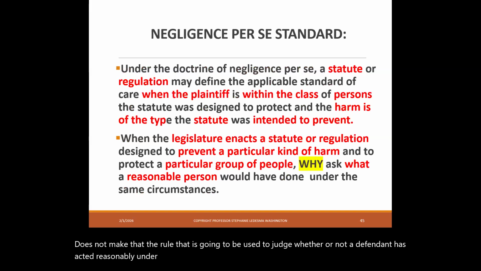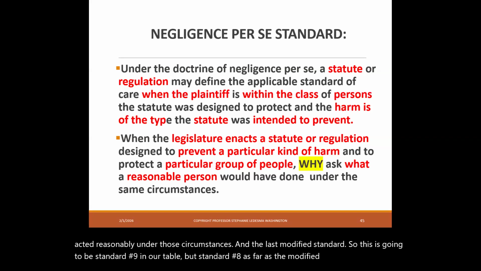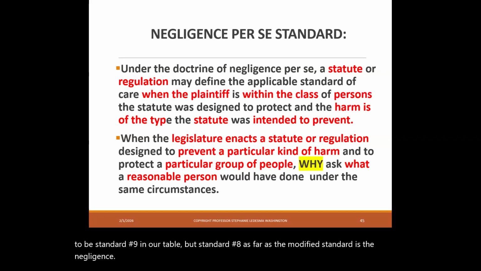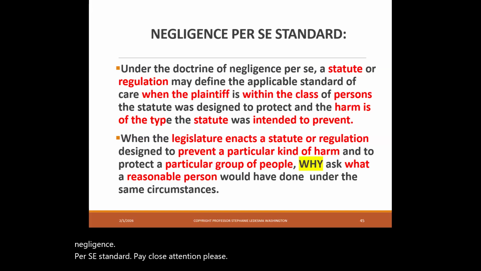And the last modified standard, so this is going to be standard number 9 in our table, but standard number 8 as far as the modified standard, is the negligence per se standard. Pay close attention, please. Negligence per se can be used as a standard of care, and it can be used as evidence of breach of the standard.